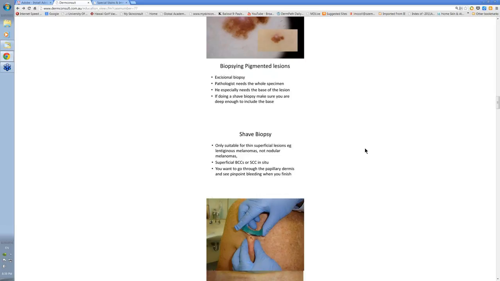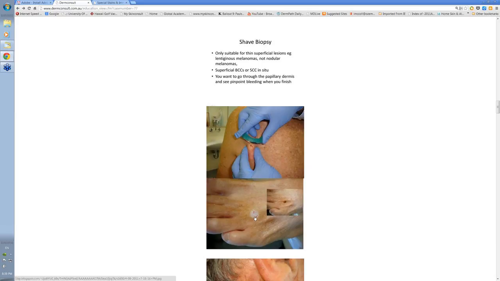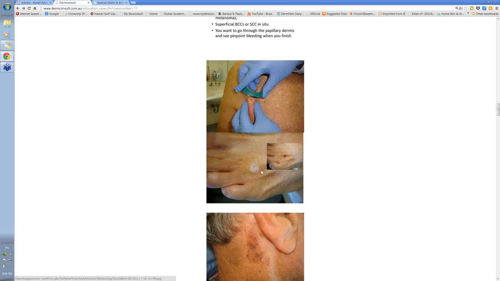In the normal shave biopsy, as in this example here, what you see is a little bit of pinpoint bleeding afterwards, and that's really the papillary dermal plexus of vessels up in the papillary dermis, and you're just cutting across the top of that. So you're only going through the papillary dermis with a shave, so you should only see that. If you're doing a proper saucerization biopsy, you'll in fact see bits of fat in the base of this, indicating you've gone down deep enough.